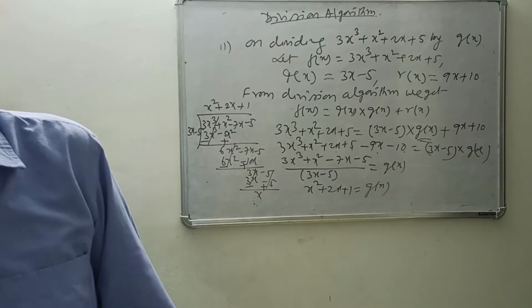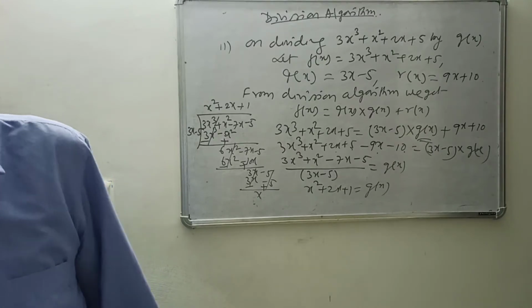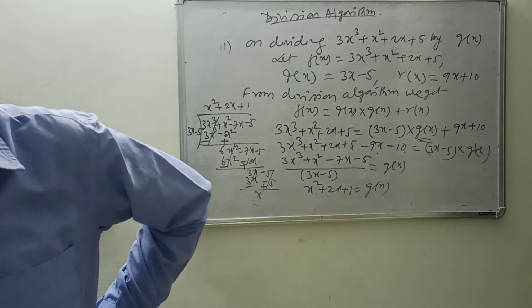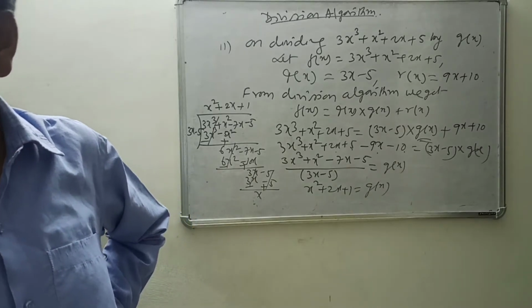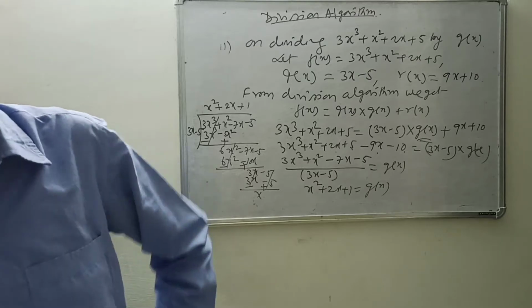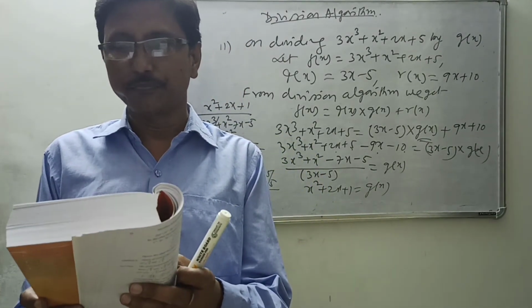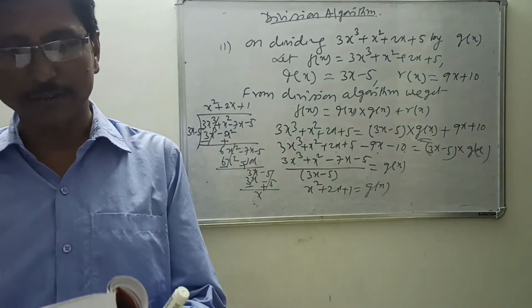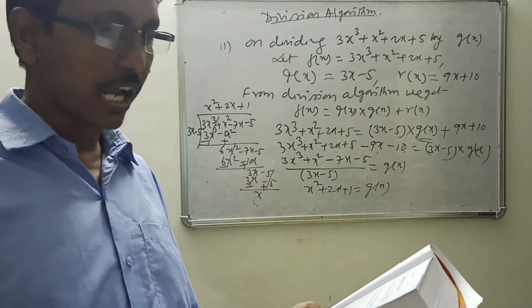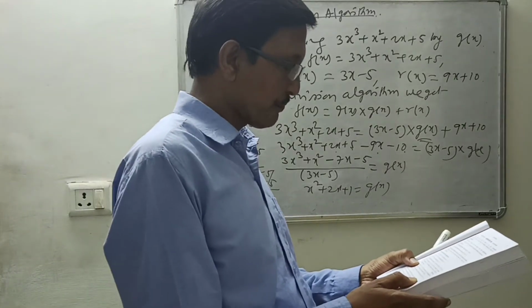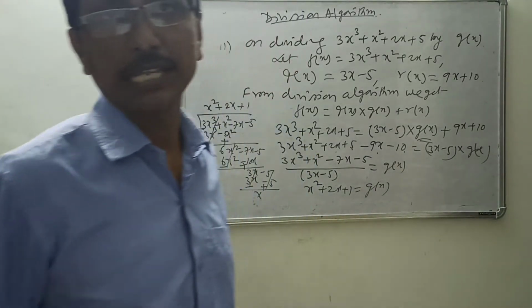And just one more question I'd like to discuss also. See question number 10, what it is saying. If the given polynomial is divided by another polynomial x square plus 5, then the remainder comes out to be px plus q. Find the value of p and q.